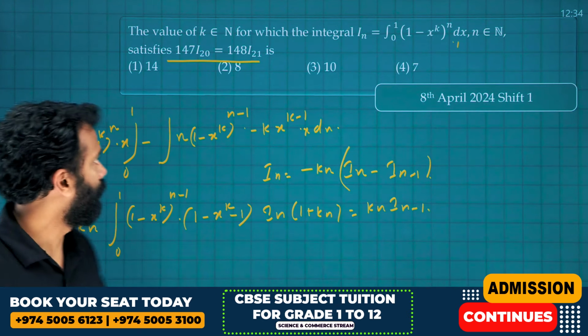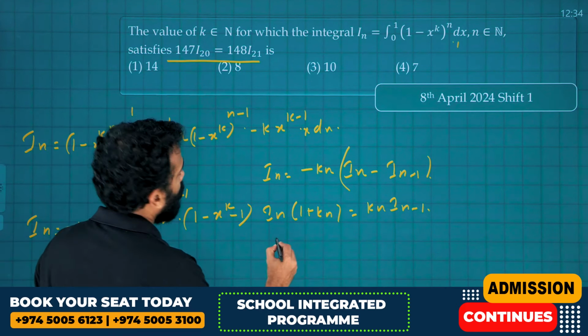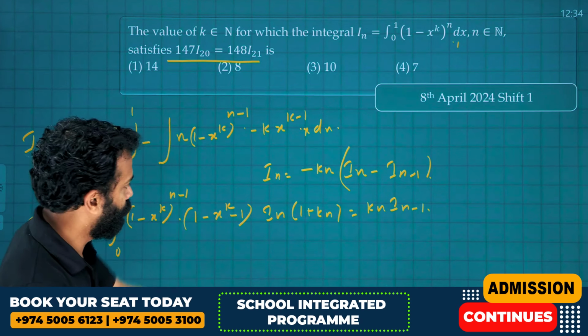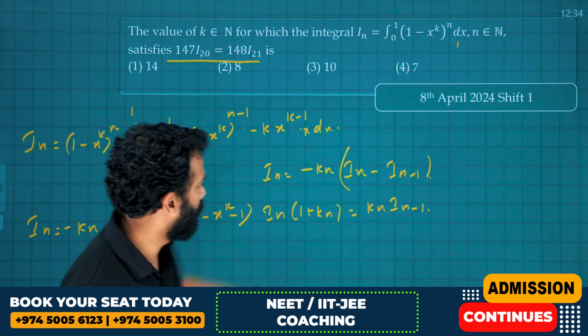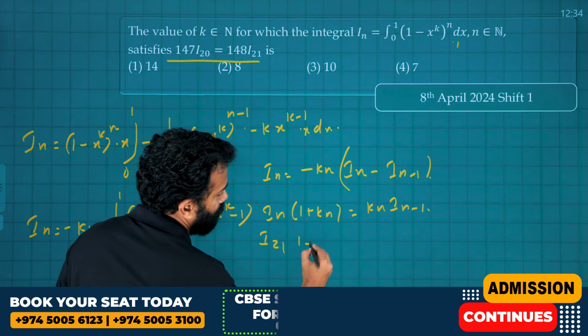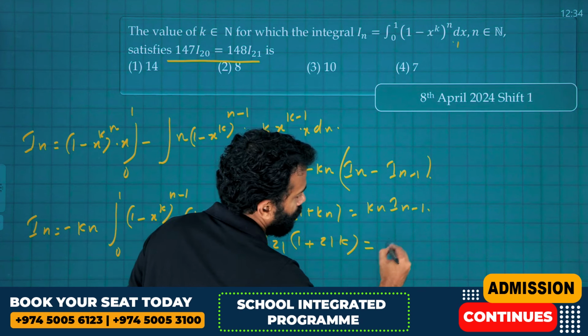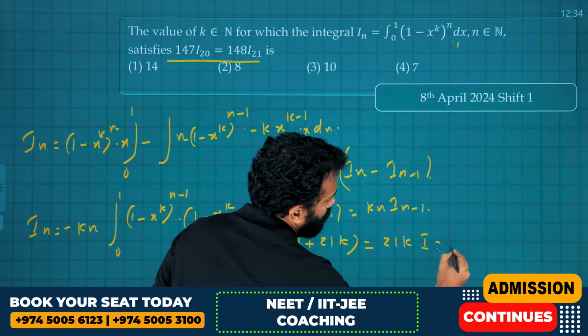Therefore, just put n is equal to 20 and you will get 21, it will be better, right? Therefore, it will be 21 over here and 20 over here as well. Therefore, I_21 into (1 plus 21k) is equal to 21k into I_20.